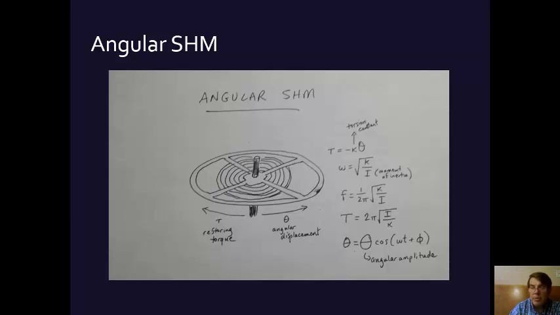So you might remember when we were talking about simple harmonic motion, there was a formula, x equals amplitude cosine of omega t plus phi, where phi is the phase angle, with angular frequency, time, and so forth. Well, basically, this is just the angular equivalent. So instead of x, we have theta. And instead of A for amplitude, we have big theta.